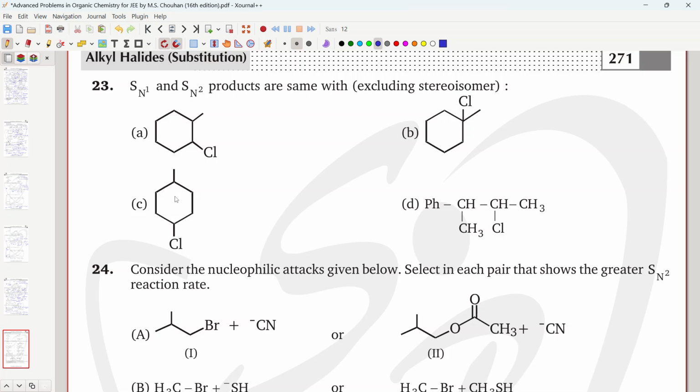Even if SN1 racemizes and SN2 inverts, the constitutional product remains identical. First option A, we have 1-chloro-2-methylcyclohexane. SN1 will rearrange to a more stable carbocation. SN2 gives direct substitution.